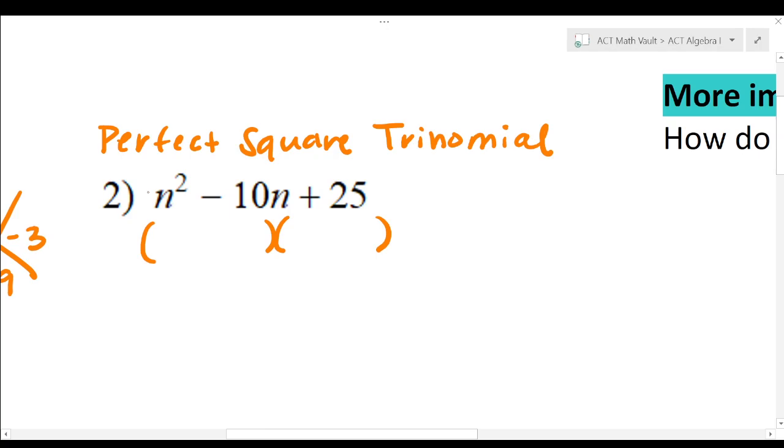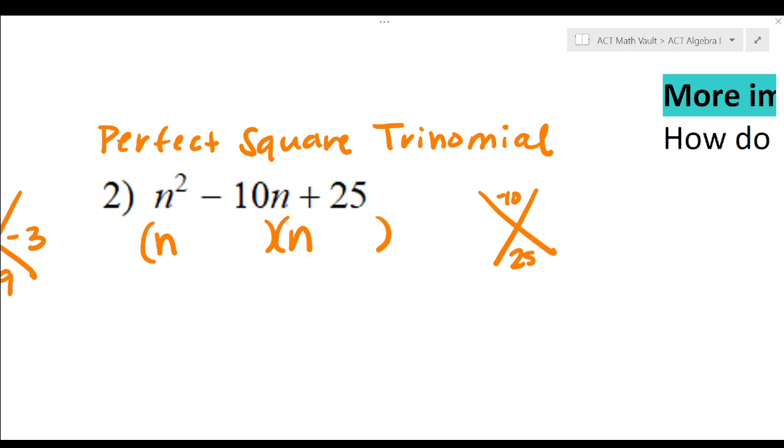For this one, because this a or this leading coefficient is 1, we'll have n and n. And then we're thinking of what two numbers add to -10 and multiply to 25. So it's a perfect square situation because that 25 is the perfect square.